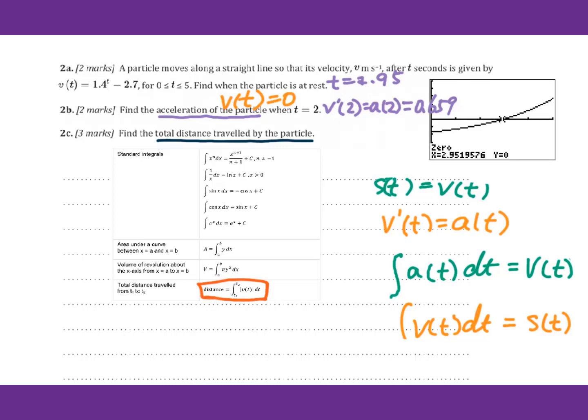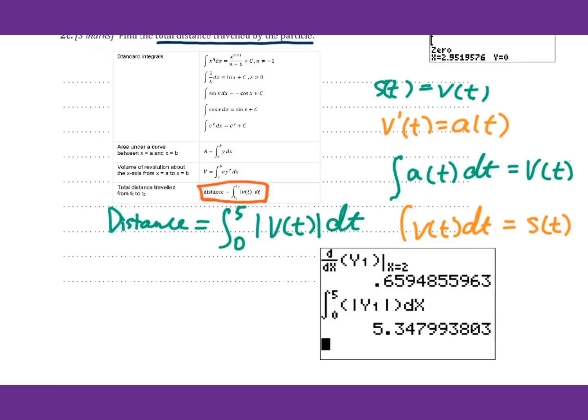Therefore, we will get distance equals integral from 0 to 5, absolute value of v of t, dt. After we put into calculator, you will get 5.35.